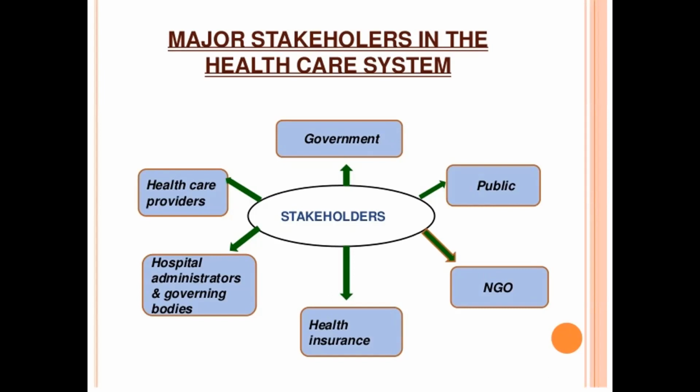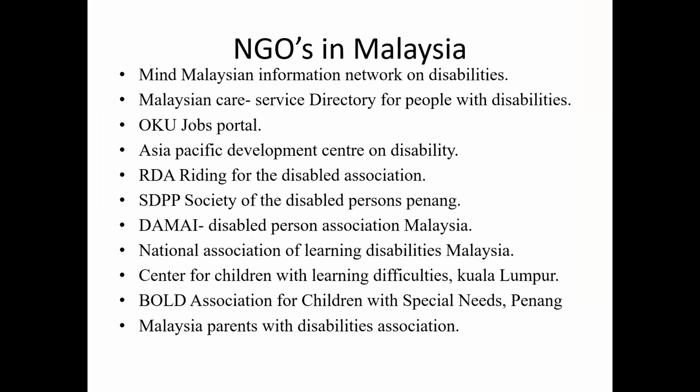Especially for disability, other than the government and public sectors, NGOs play a major role. NGOs help a particular family or person to get a job, monetary benefits or any other help. That is the work of the NGOs, and there are a lot of NGOs in Malaysia taking care of this.